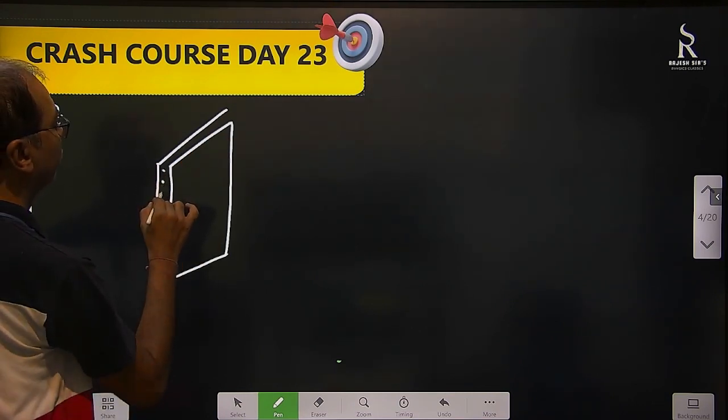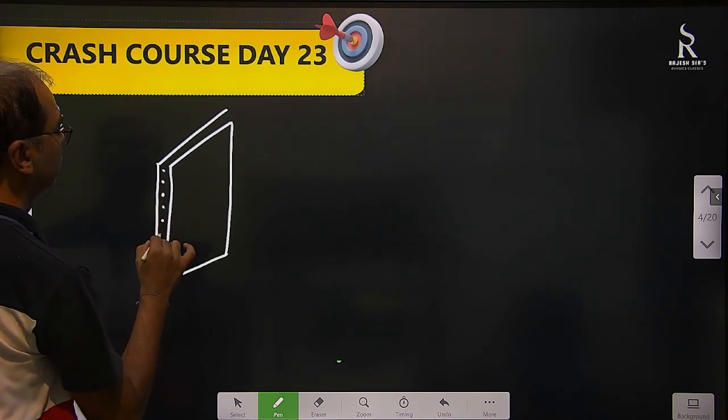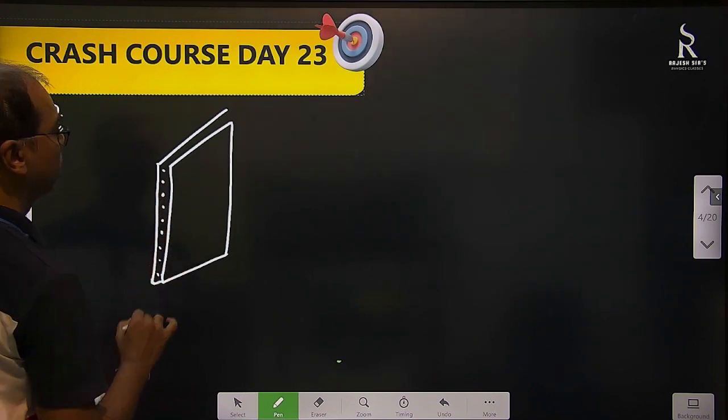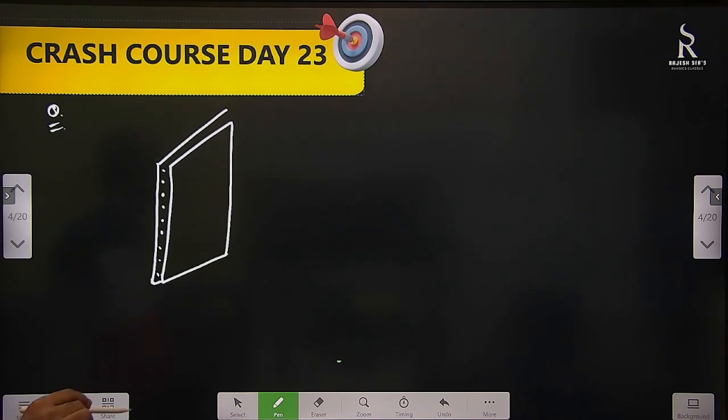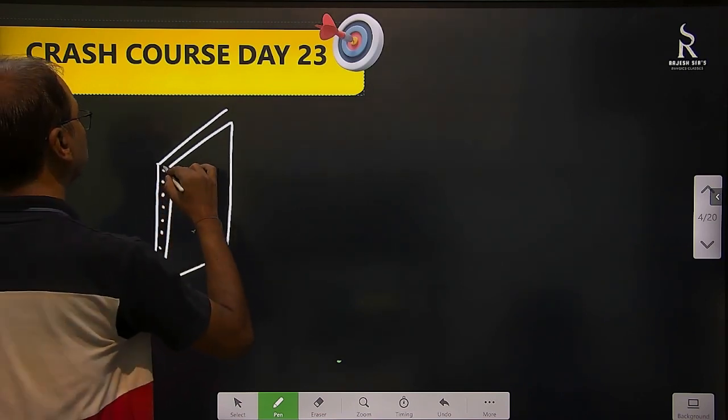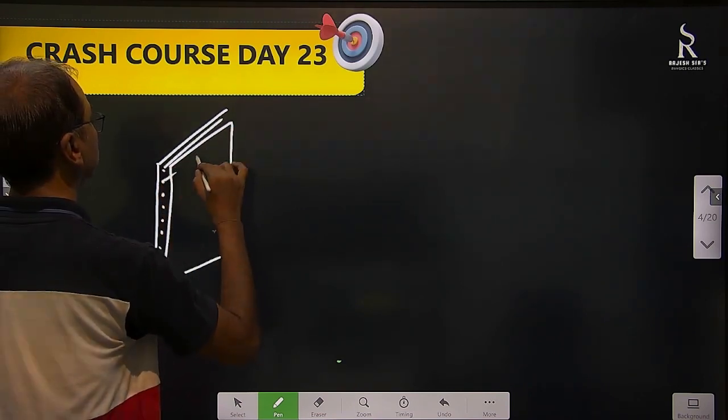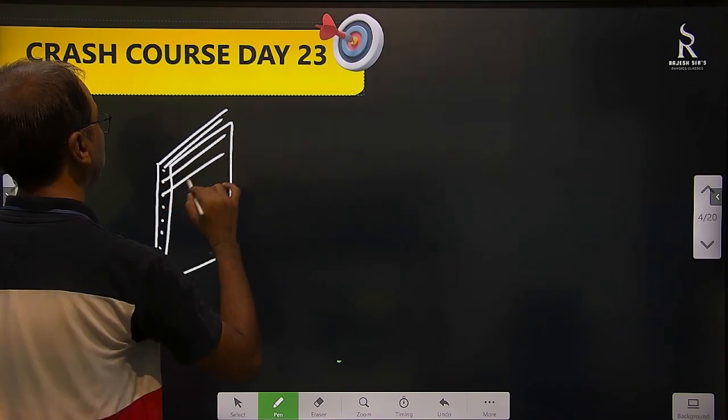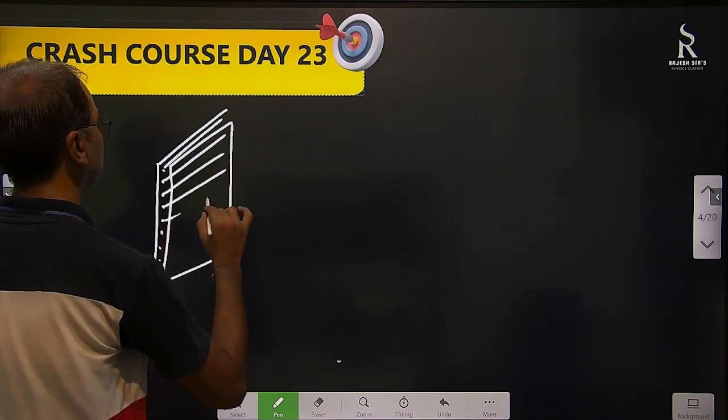We know that there will be infinite wires. These are wires, and these wires are actually carrying current. So current is going like this, from one side to the other side.